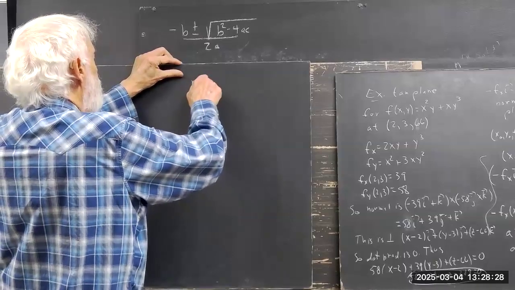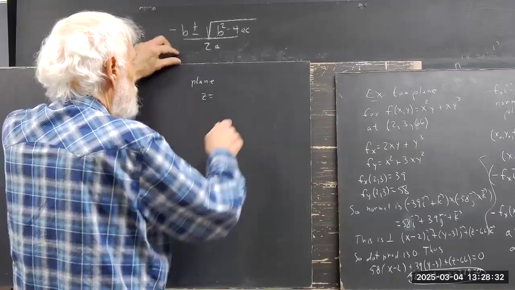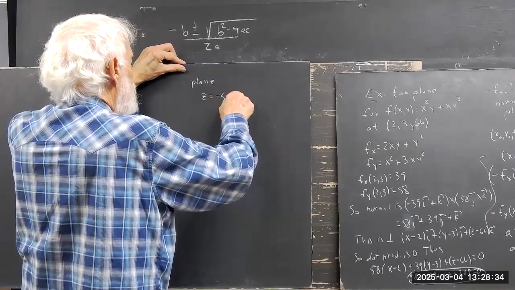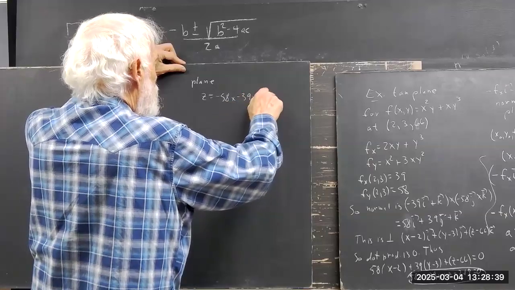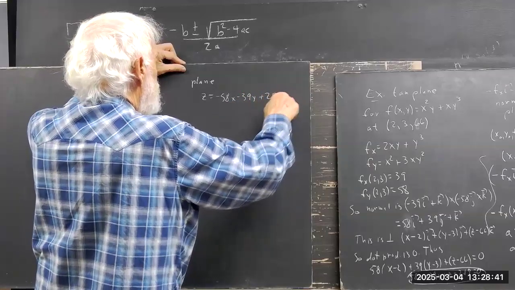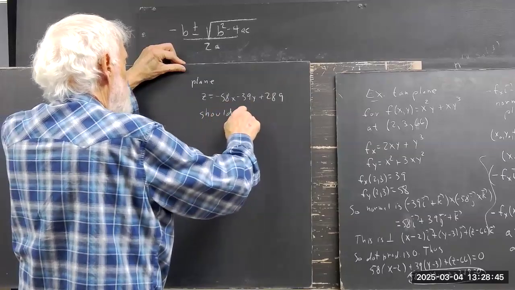The plane z equals negative 58x minus 39y plus 289. If my arithmetic is correct, that's questionable.